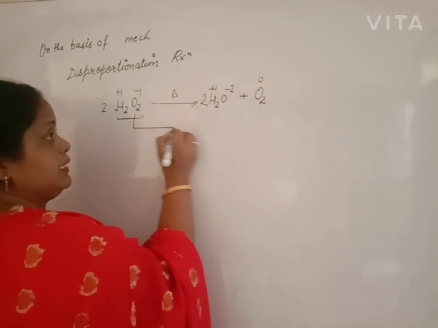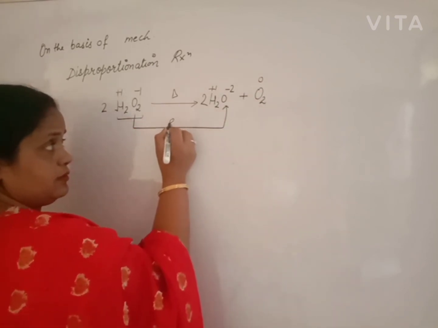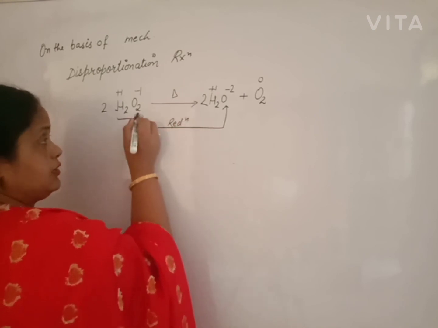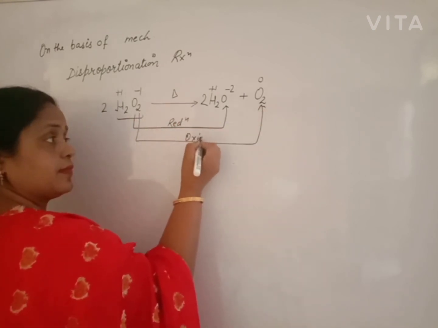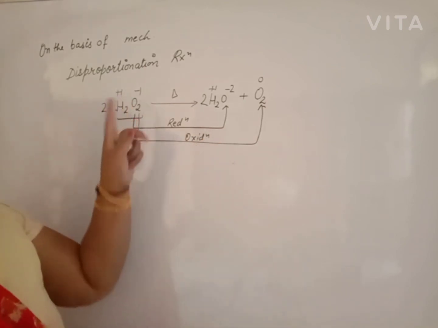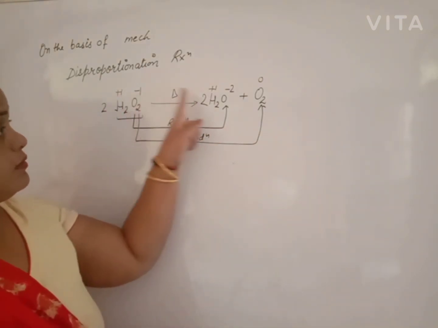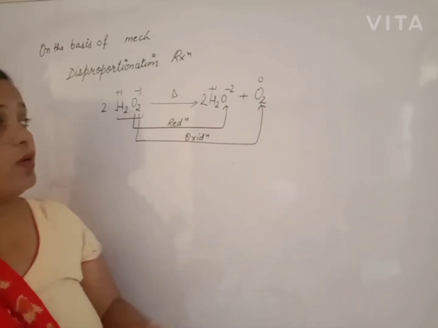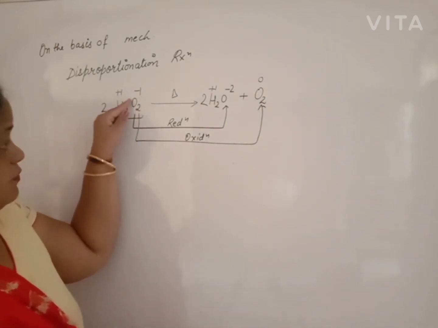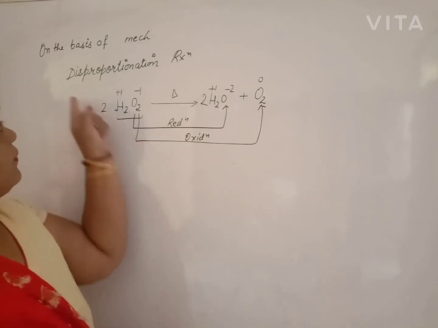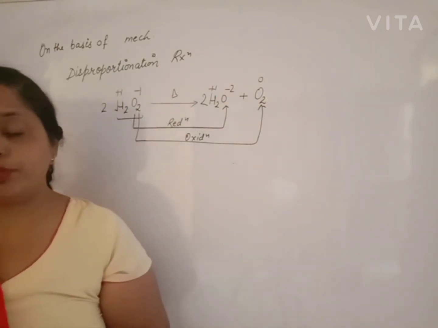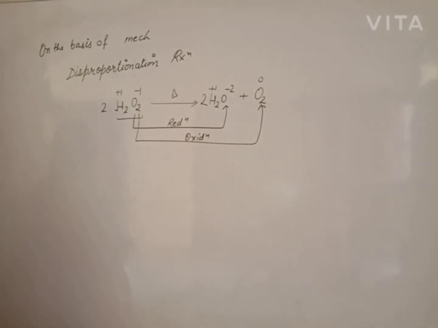Only oxygen is reduced and this oxygen is oxidized. This oxygen has more than 2 oxidation states: 1, 2, 3. Oxygen is the species which is oxidized and which is reduced. These types of reactions are known as disproportionation reaction. Thank you, beta.